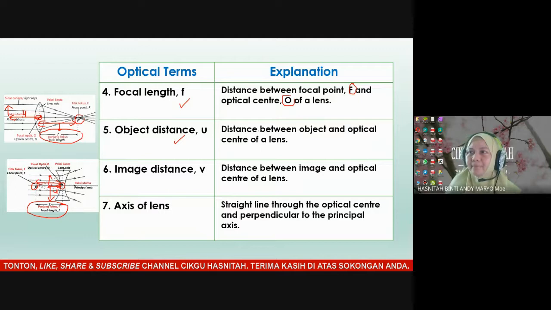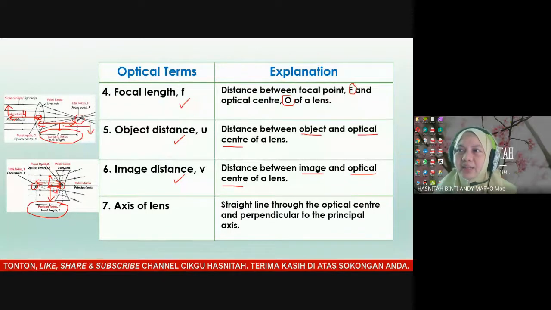And number six, we have image distance with the symbol small v. So what is image distance? It is the distance between the image and the optical center. Let's say for this convex lens, the image is finally formed here.